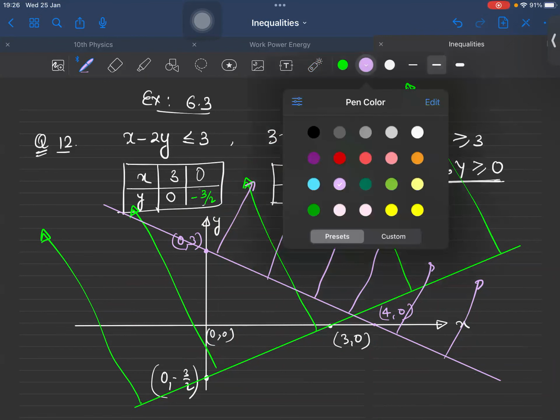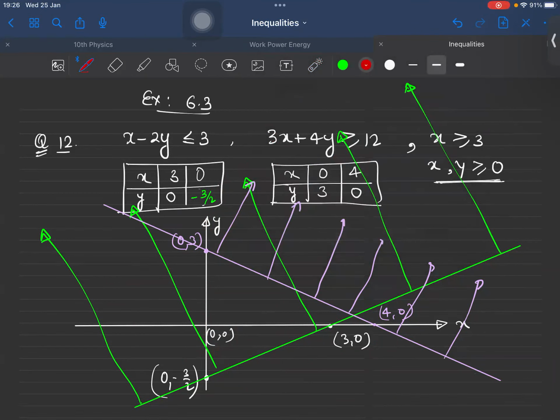So let's use red color to represent it. So x greater than or equal to 3 can be represented by this line, right? So greater than, so this side. Of course, if you have greater than, that means this side, right? This side. And y should be greater than 0. That means all the values above the x-axis. So let's use yellow color.